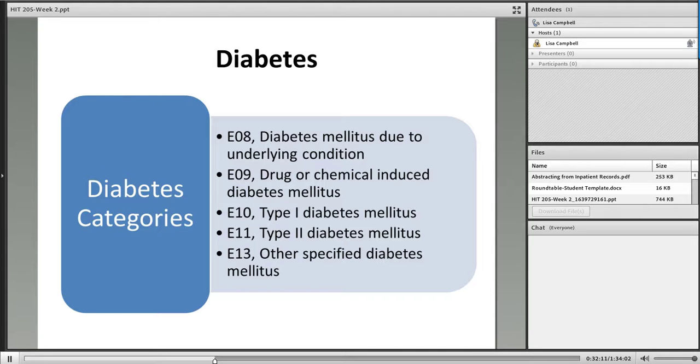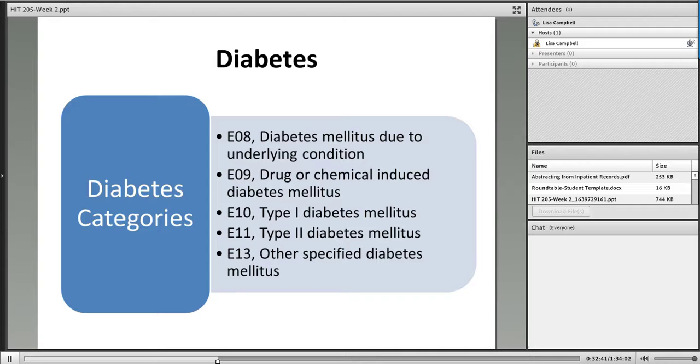So if I know diabetes has 5 types, I'm going to have the 5 types highlighted so that I can reference them very quickly. Okay, so specified type, E13. Then on that same page, third column, type 1. And then if you turn the page, you'll see your type 2 codes.